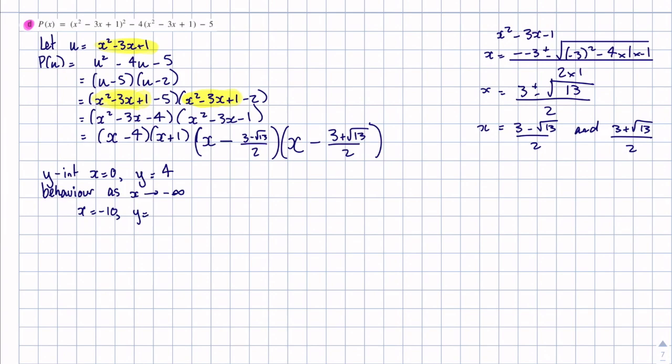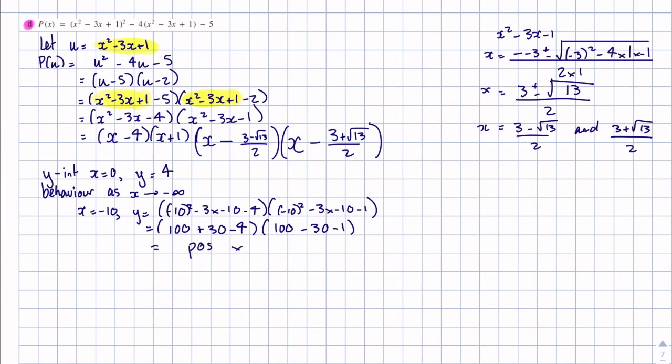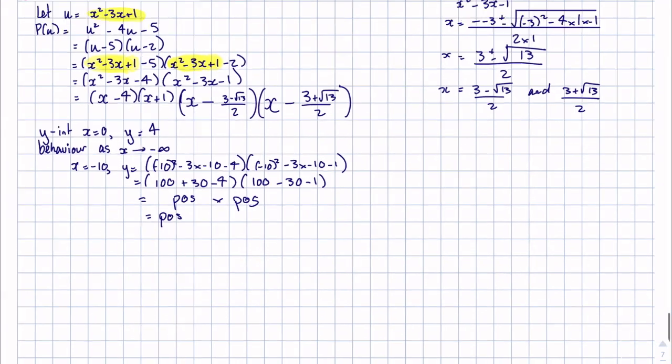Y equals minus 10 squared take 3 times minus 10 take 4, minus 10 squared take 3 times minus 10 take 1. 100 plus 30 take 4, 100 plus 30 take 1. So it's a positive times a positive. So it's a positive. Okay, now we can sketch.